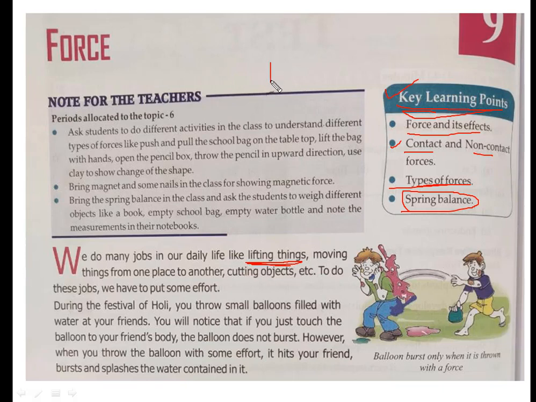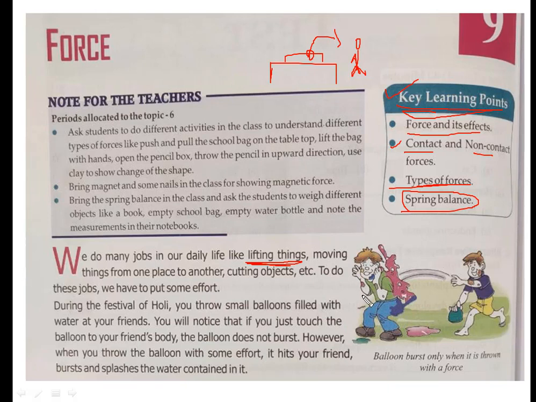Suppose this is a table. On your table, there is a book. You are standing right here. Now you want to lift this book. So you'll come over here and you'll lift this book like this. So you have done some work. Moving things from one place to another place.